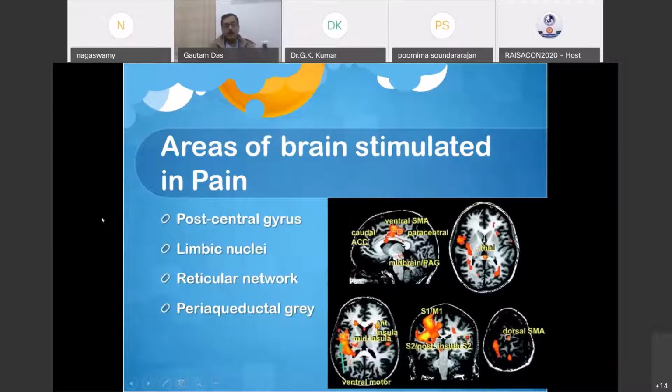What are those? Apart from the post-central gyrus, there are different limbic nuclei scattered in the different parts of the brain. So limbic nuclei are also stimulated. Reticular network, reticular formation is stimulated, and periaqueductal gray matters are stimulated. So the higher centers, the different areas which are stimulated, can be grouped into the four different types.